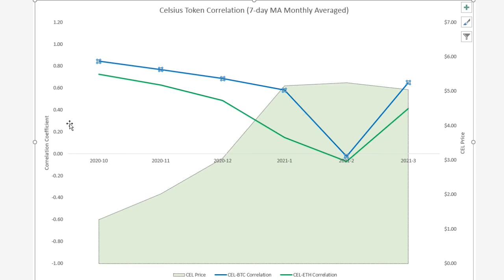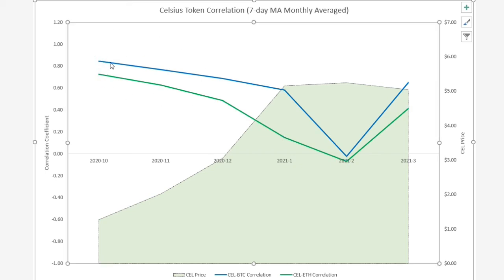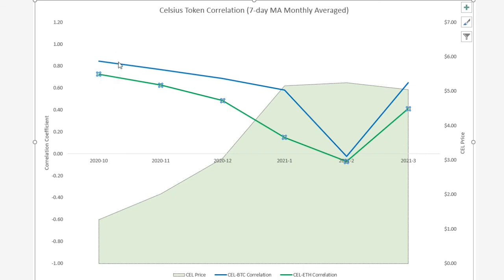What's interesting is the divergence. The level between these two lines is fairly consistent in October and November, but starts to diverge in December and January. But what's interesting in February 2021 is that the correlation is pretty much zero for both Bitcoin and Ethereum against CEL.